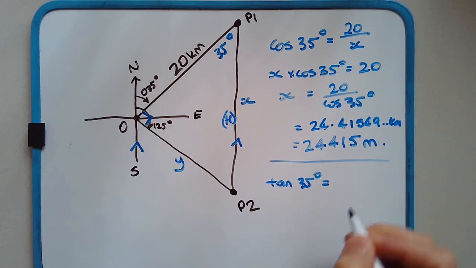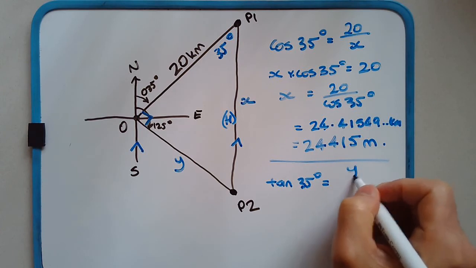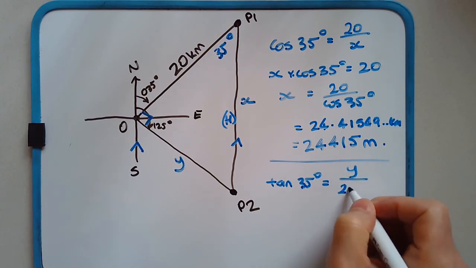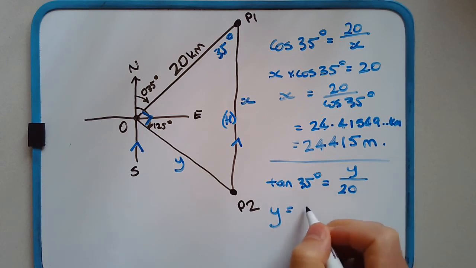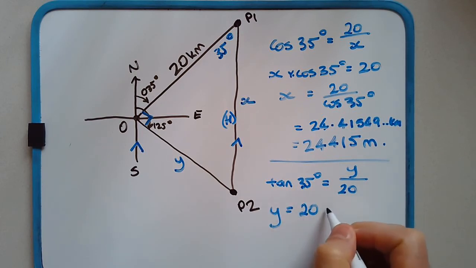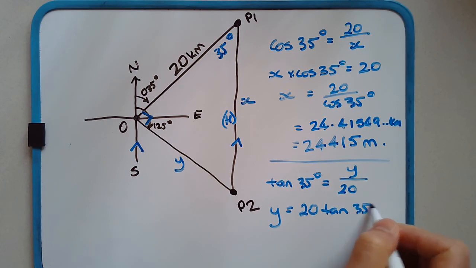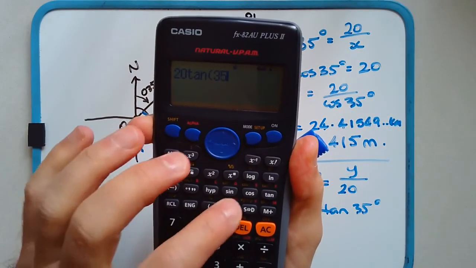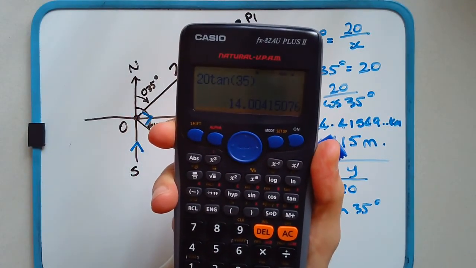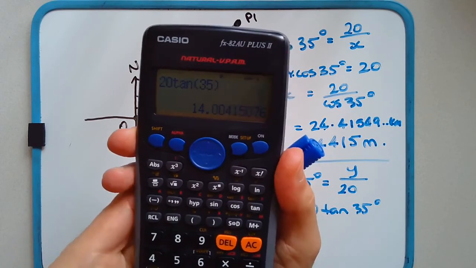is equal to opposite over adjacent. So it's going to be Y over 20. Rearranging the equation, Y equals 20 tan 35. Entering that into the calculator, 20 tan 35, we get 14.004.